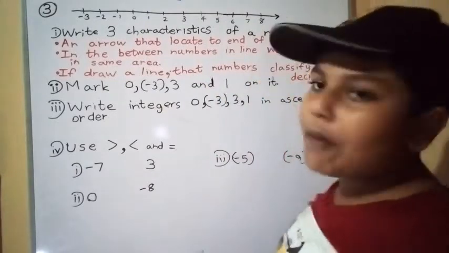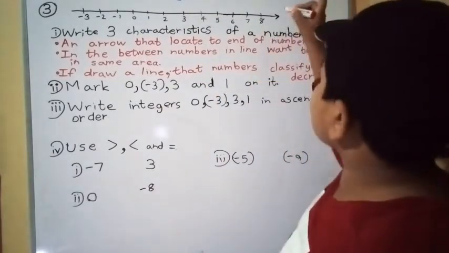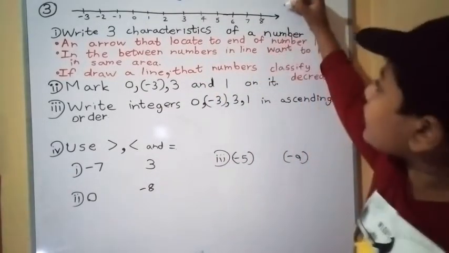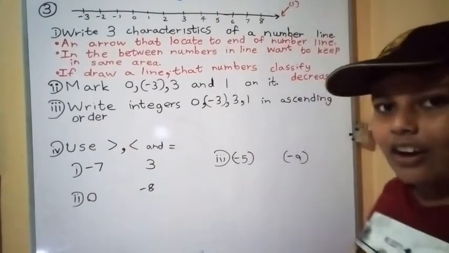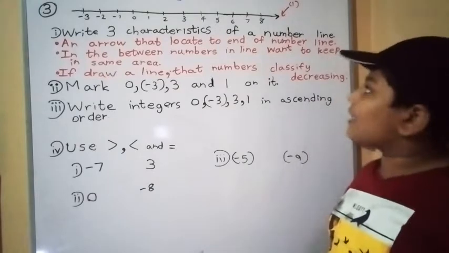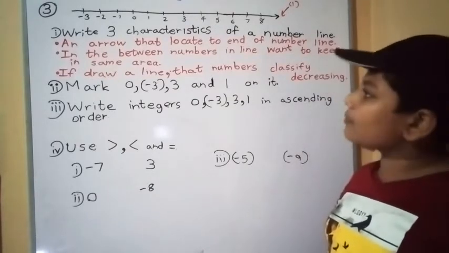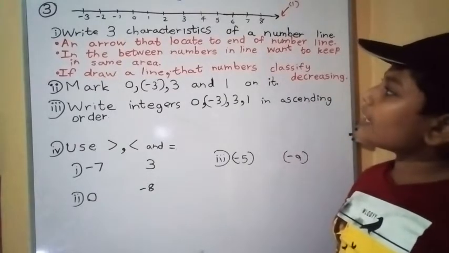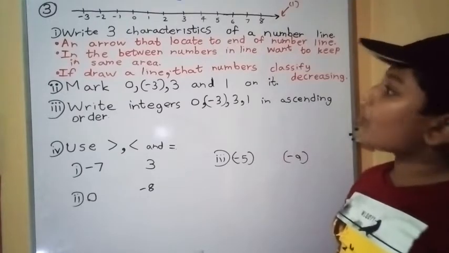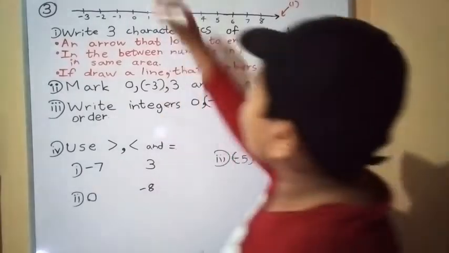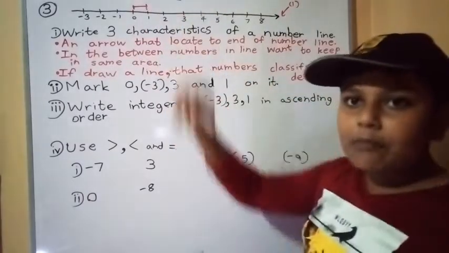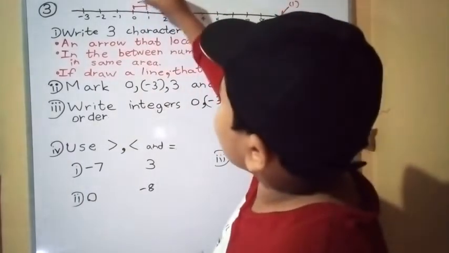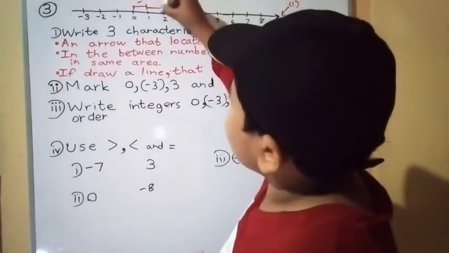Okay. Now an arrow that locates to the end of the number line means you look at this arrow. The end of this arrow is the first characteristic. Now that arrow you want to get to the end of the number line. Now in the second one, the numbers between in the line want to keep in the same area. In these two numbers, you want to get the same distance, right?